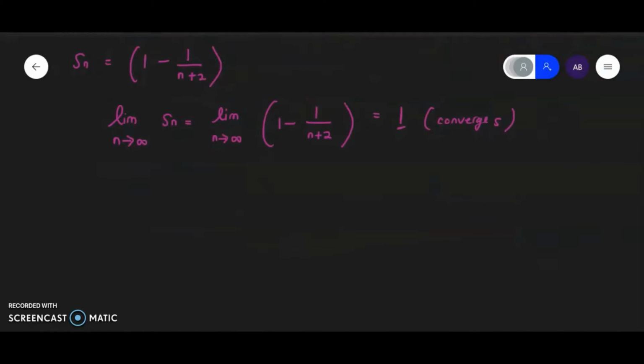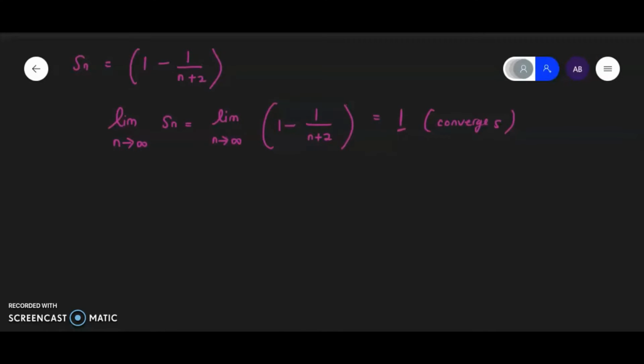Now, there is also another type of series that I would like to explain or discuss, which is called the, what do you call it? Harmonic series. Yes, okay, harmonic series. So let's look at the harmonic series now. How does a harmonic series look like?